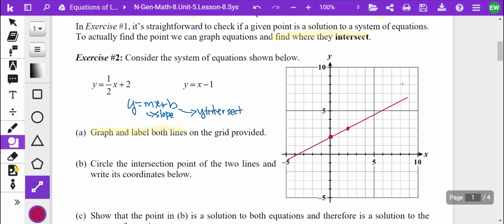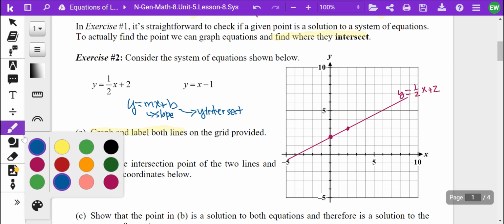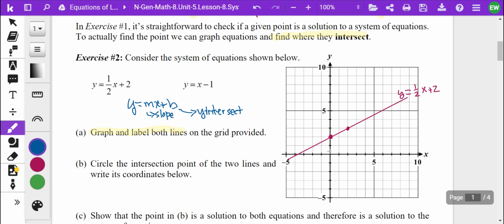So I am going to label that y equals 1/2 x plus 2. All right, let's do the same thing for y equals x minus 1. So this time my intercept is negative 1. So I'm going to put my first point at negative 1. My slope is invisible.